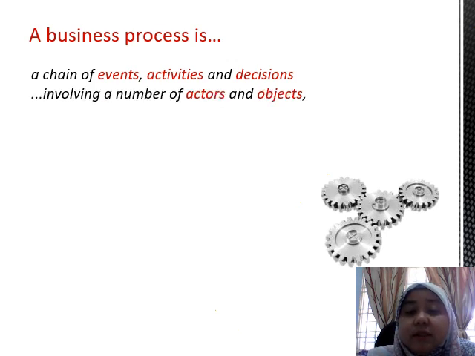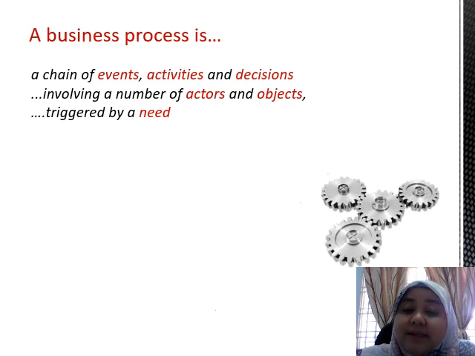So this is a basic, simple definition. But it also involves a number of actors and objects. Objects could be a machine, for example, a menu is an object. A menu, buku menu dalam restoran tu is an object. Bill is an object.